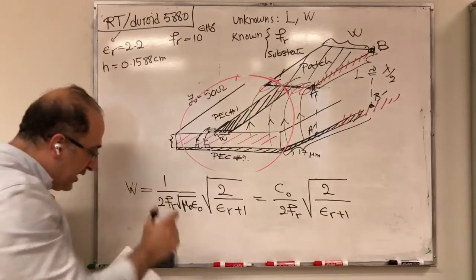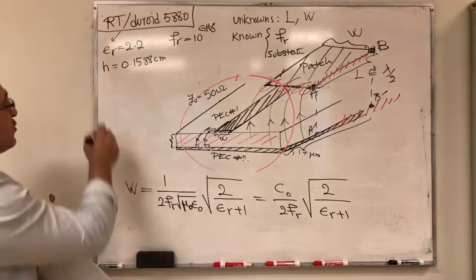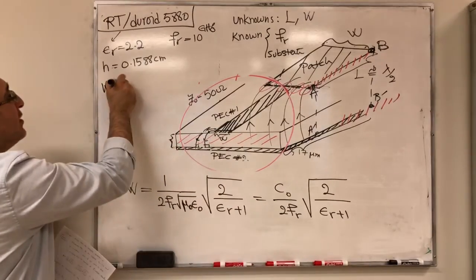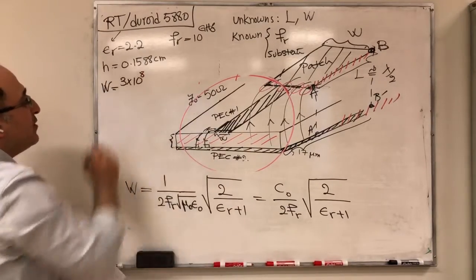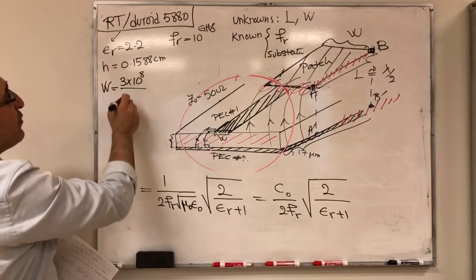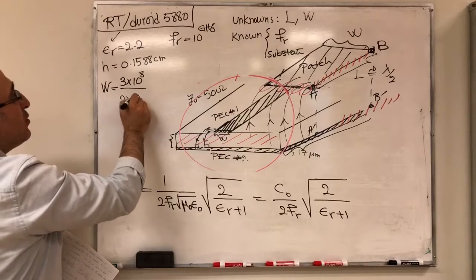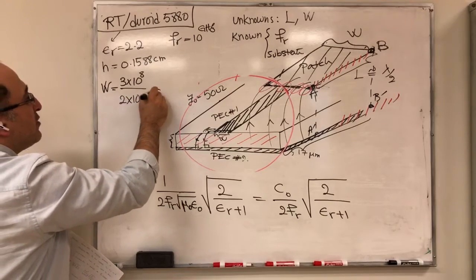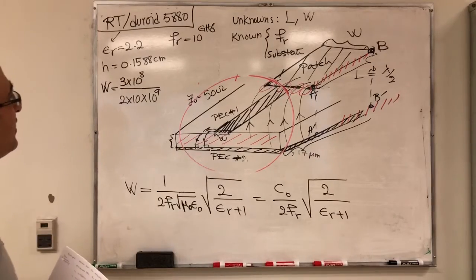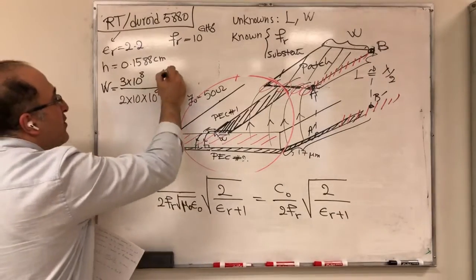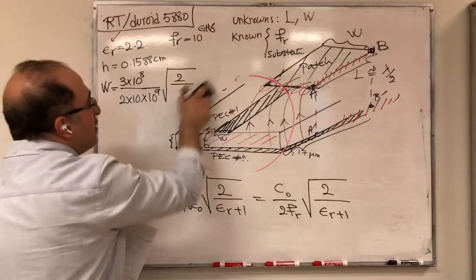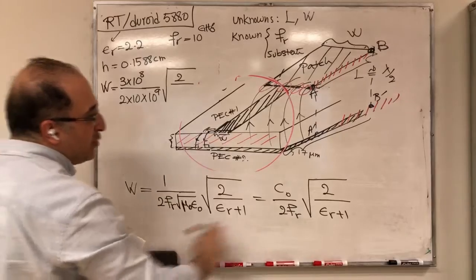Now I can go here and find my W. So W becomes C naught, 3 times 10 to the power of 8 meters per second, divided by 2 times F, which is 2 times 10 times 10 to the power of 9. That would be my 10 gigahertz. And then I'm going to have the square root of 2 divided by epsilon r plus 1.